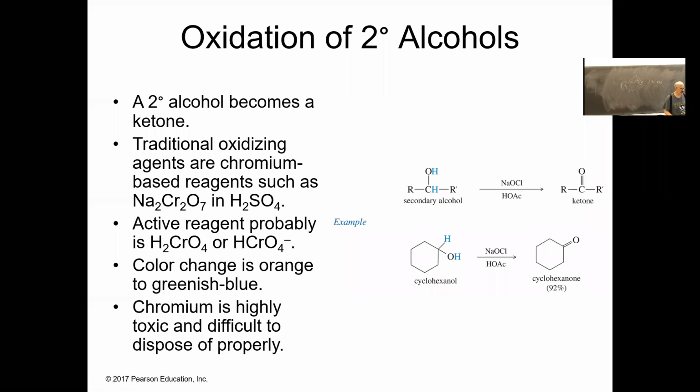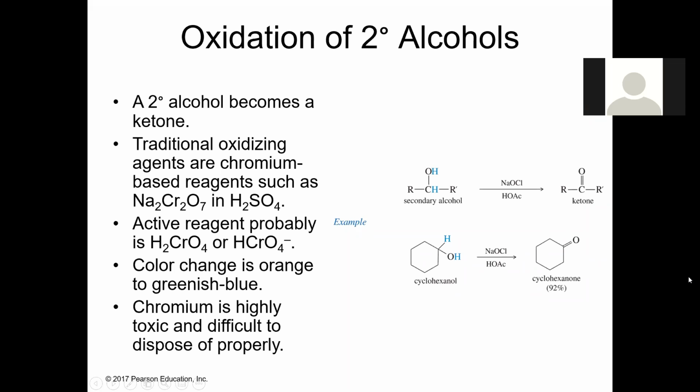There is a color change that accompanies this reaction. The dichromate and sulfuric acid, or the chromic acid, is orange, and when it oxidizes the alcohol, we go from chromium 6 to chromium 3, and that gives us a greenish blue color.